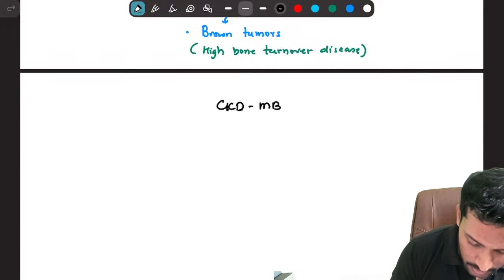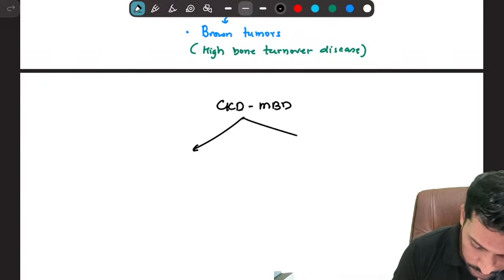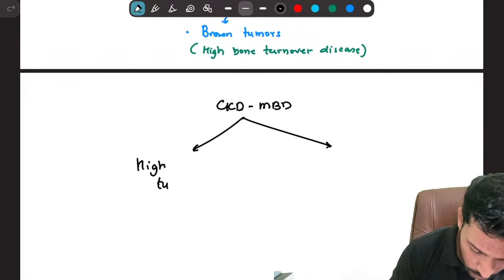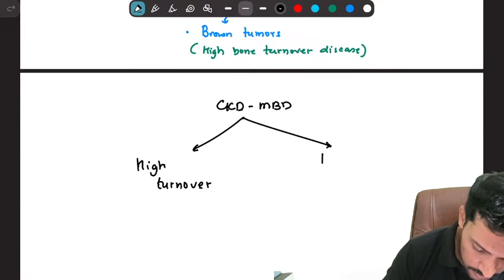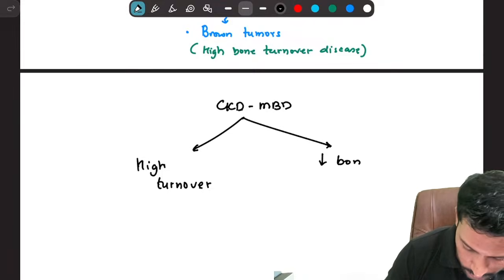CKD related mineral bone disease is of two types. One is high turnover. The other one is decreased bone turnover.